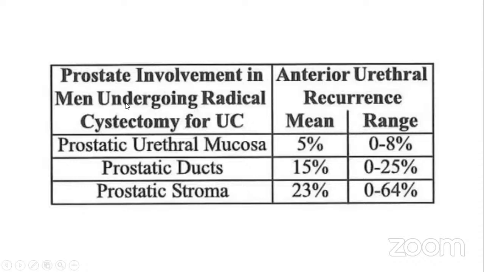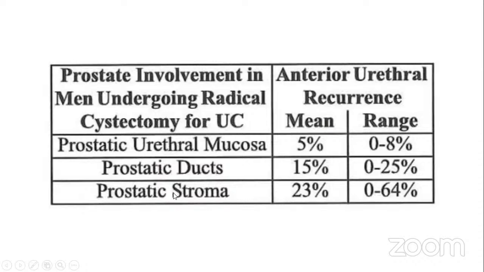This is the prostatic involvement in men undergoing radical cystectomy for urothelial carcinoma and the anterior urethral recurrence rate. For prostatic urethral mucosa involvement, the range is 0 to 8%, and recurrence in the anterior urethra is about 5%. For prostatic duct involvement in patients undergoing cystectomy for urothelial carcinoma, it ranges between 0 and 25%, or 15% as average.